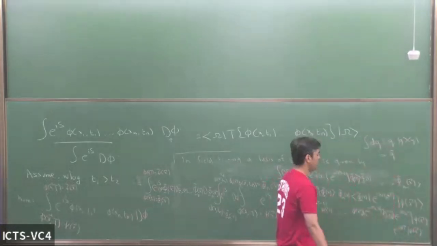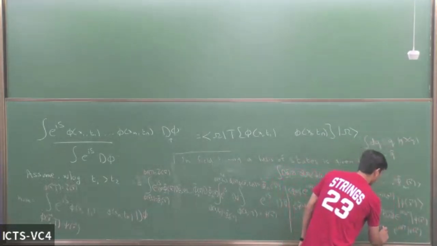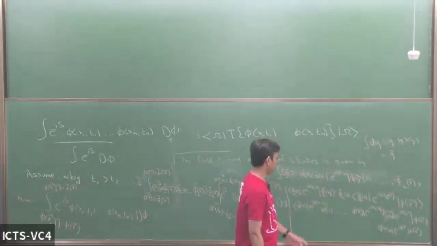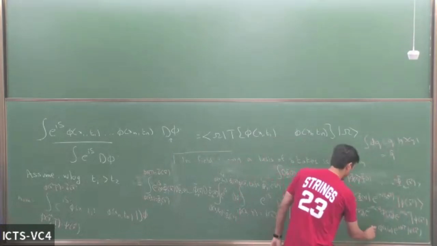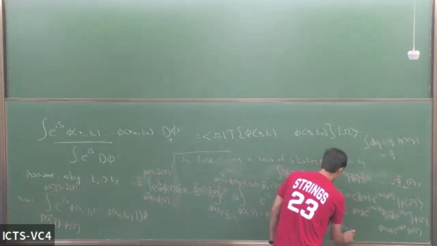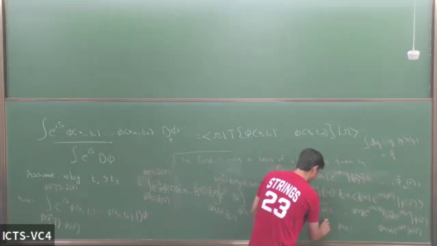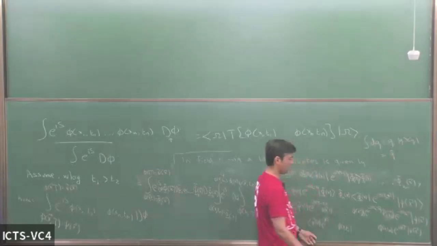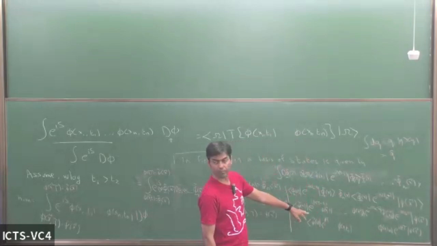Then you get phi of x at Tn, which came from here. And similarly, all the way, phi of x at T1. And on the left hand side, you have e to the iHT acting on psi tilde of x. That's coming from here.